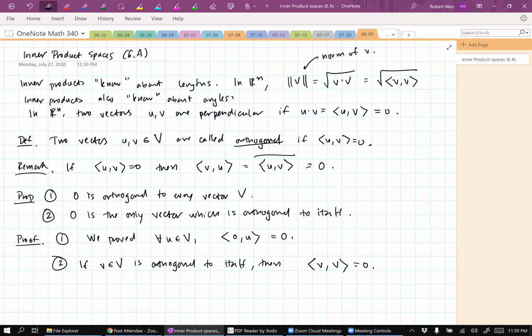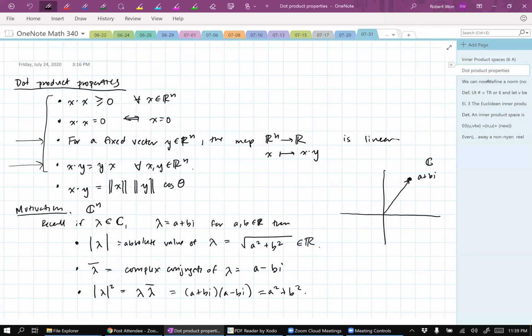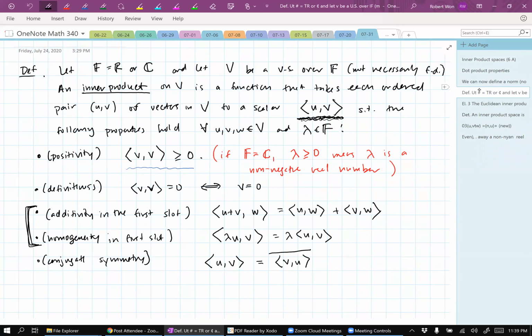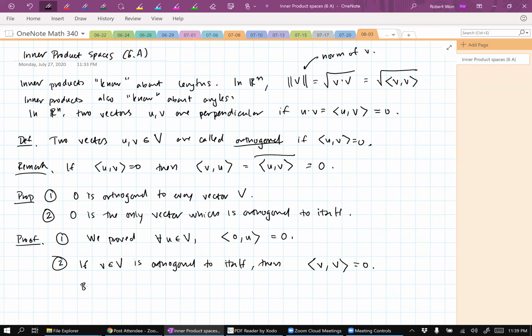But by the axioms of an inner product, by definiteness, the inner product of v with itself is 0 if and only if v is the 0 vector. So this is actually just a restatement of the definiteness axiom. This implies that v is 0. Therefore, 0 is the only vector that's orthogonal to itself.